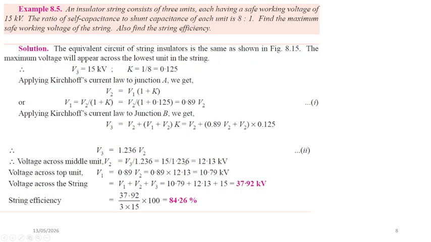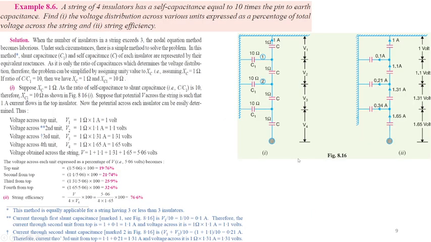The string efficiency is around 84.26 percent, indicating how effectively an insulator string utilizes its total voltage rating despite the unequal voltage distribution between the insulators. Okay, this is another question.